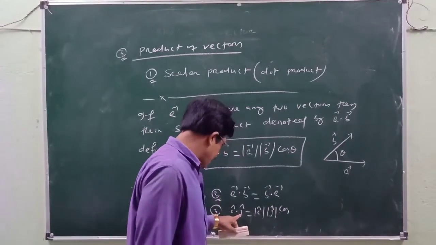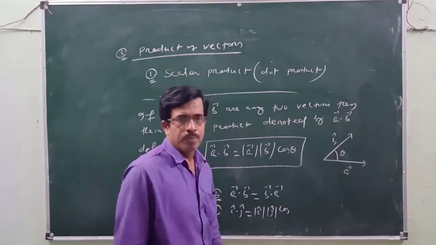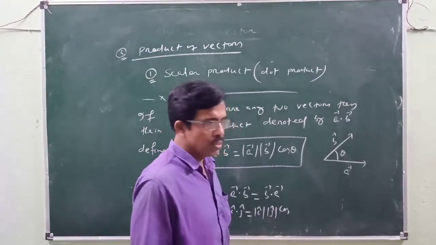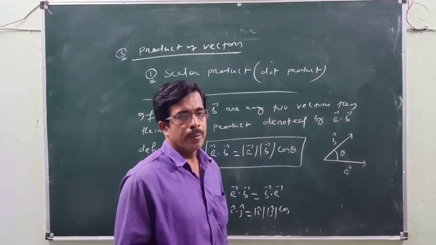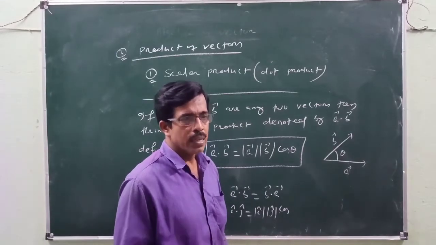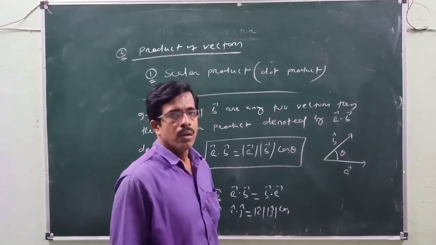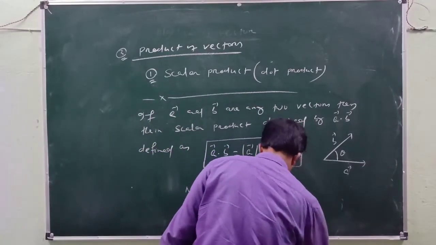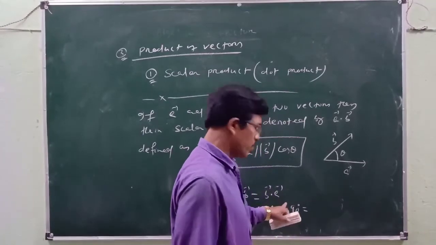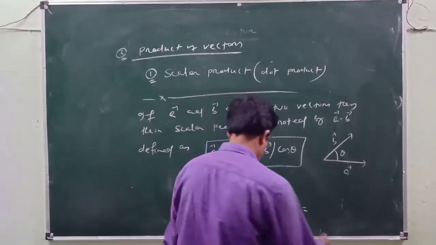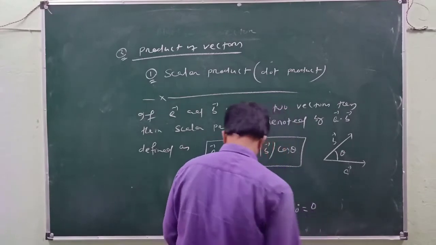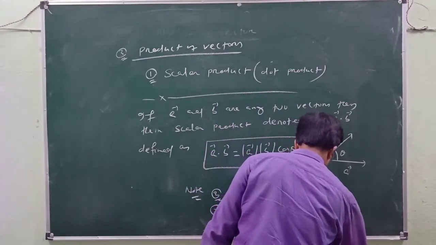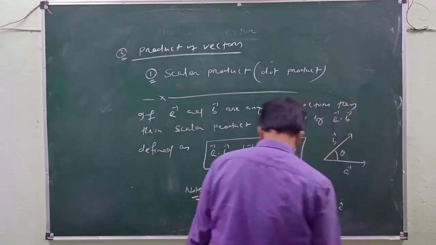The angle between I cap and J cap is the same as the angle between the X axis and Y axis, because I cap is the unit vector in the direction of the X axis and J cap is the unit vector in the direction of the Y axis. So the angle is 90 degrees, and cos 90 degrees is 0, so the total will be 0. Therefore I dot J equals 0. Applying 2, J dot I also gives you 0.